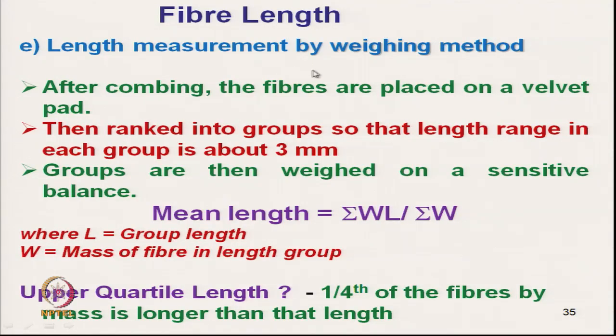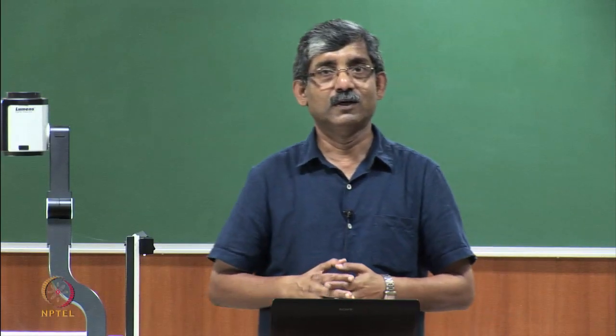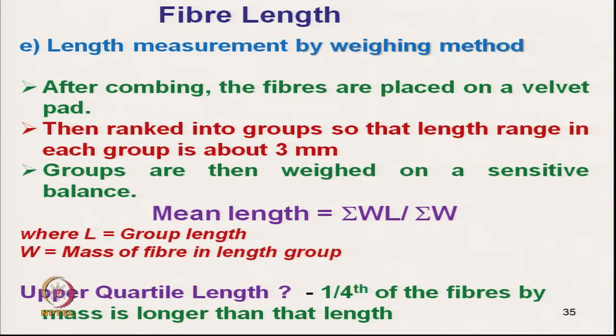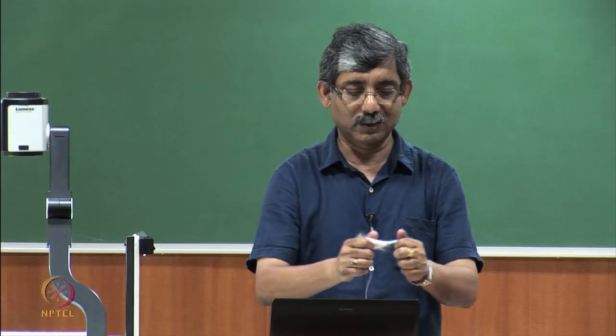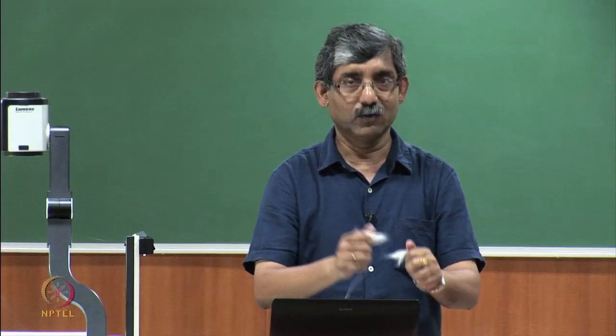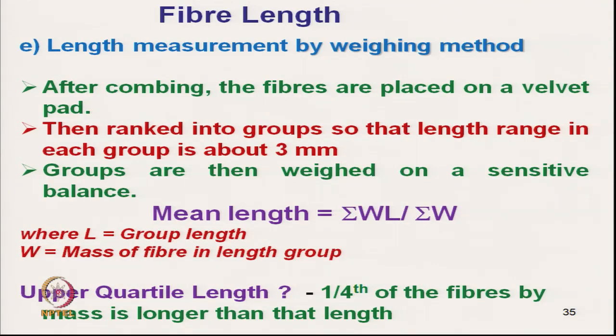Then, length measurement by the weighing method. This is used in the woolen industry and also in the cotton industry. What is done after combing? You can comb, or we can do multiple drafting and drawing. The fibers are placed on a velvet pad.